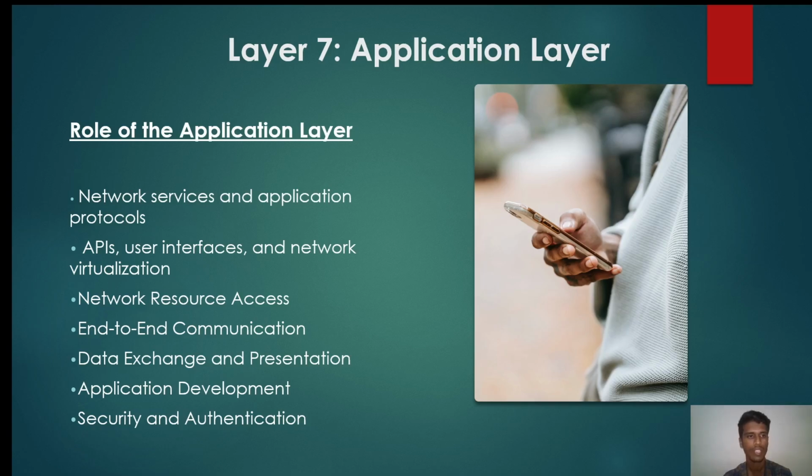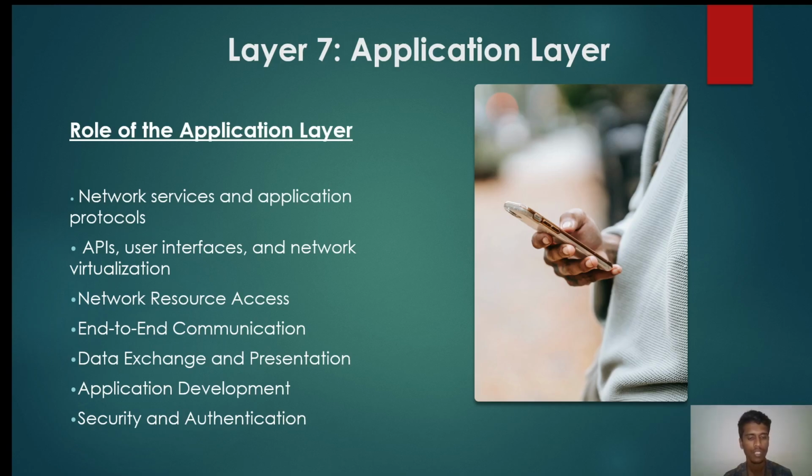Next, the application layer. The roles of the application layer are network services and application protocols. The application layer provides the network and various protocols, APIs, user interface, and network virtualization. Network resource access, it is also used to access the network.